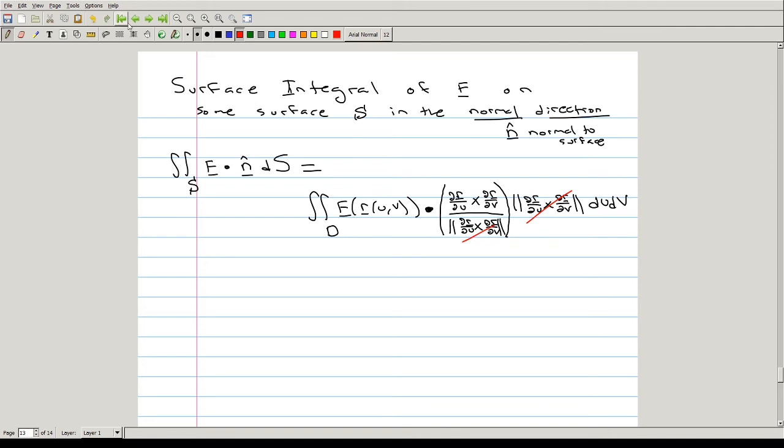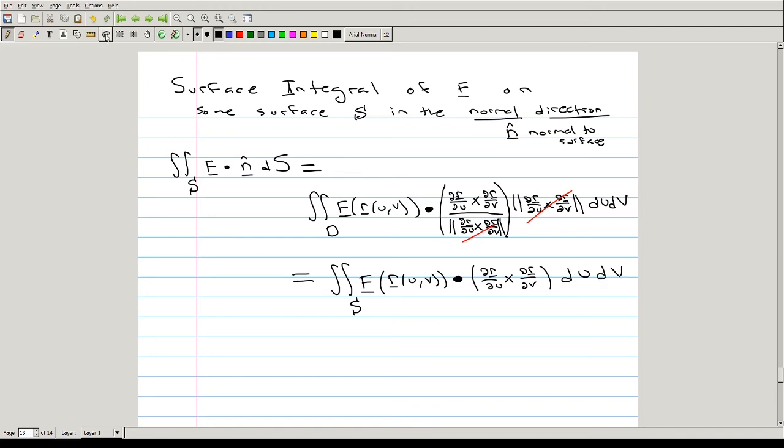The magnitude of our normal vector cancels out, and then we have that this surface integral of a vector field normal to a surface is just the vector field f at a point r(u,v) on the surface, dot product with dr/du cross dr/dv, du dv.